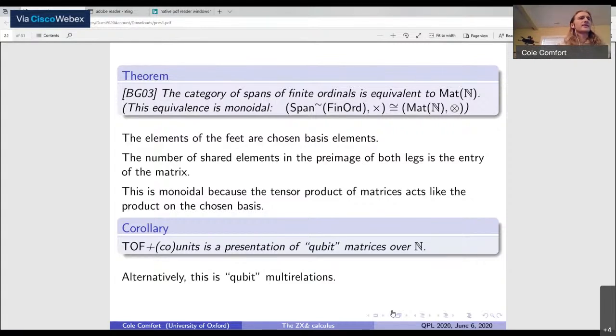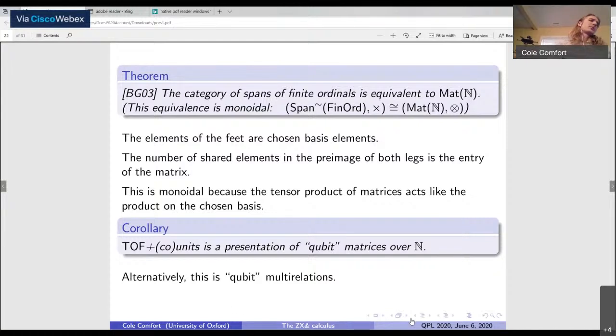The idea is the elements in the feet of the span are the basis elements, and if you look at the preimage of the span, the number of shared elements in the preimage corresponds to the entry of the matrix. If you do some work, you can see that the monoidal product actually becomes the Kronecker product, because it acts like the product on the basis elements.